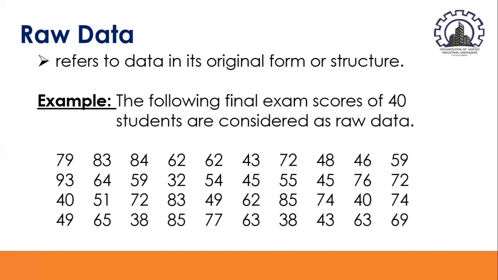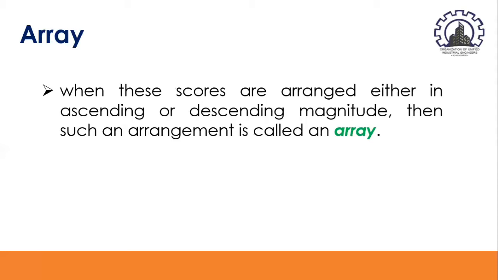And on the other hand, we have what we call an array. When the scores in the previous slides are arranged either in ascending or descending magnitude, then such an arrangement is called an array. It is usually helpful to put the raw data in an array because it is easy to identify the extreme values or the values where the scores most cluster.